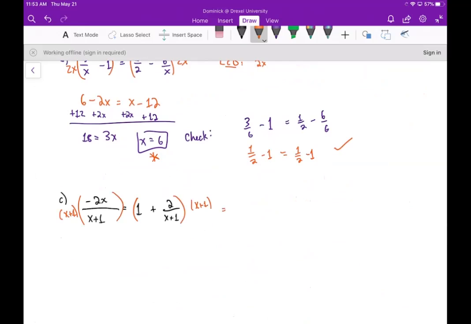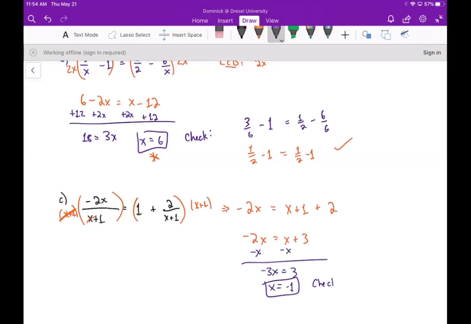So now when we multiply, my x plus 1's cancel, and I get a negative 2x on the left side. And then I get an x plus 1 plus 2 on the right side. So this is going to become negative 2x is equal to x plus 3. So if I subtract this x, I get negative 3x is equal to 3. So my x is negative 1.